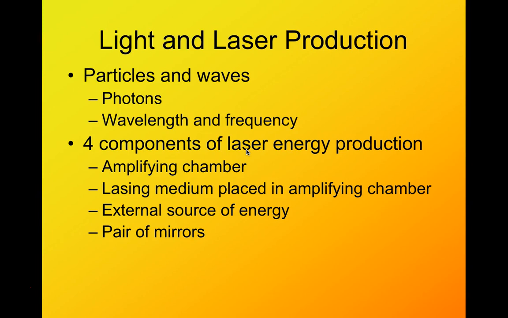Then, as most things want to do, that's an unstable situation for that atom. So eventually those electrons are going to drop back down to their resting orbit. When they return to normal, they release the energy that they absorbed, because energy can neither be created nor destroyed. They release it in the form of a photon.